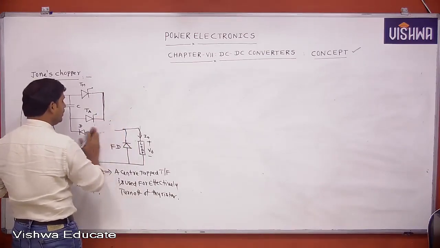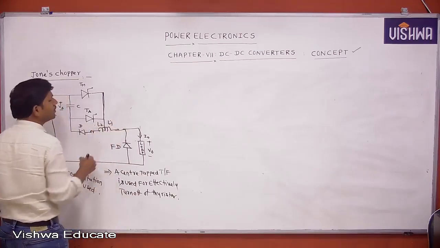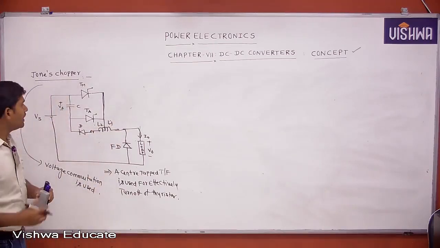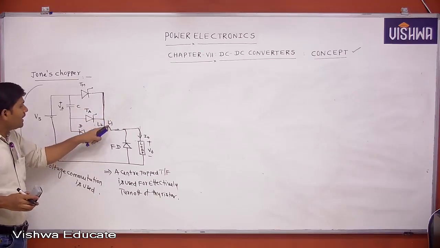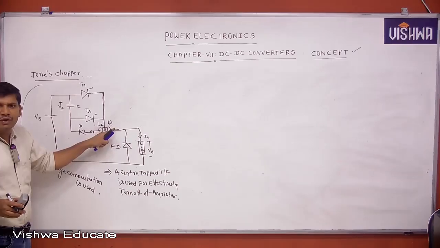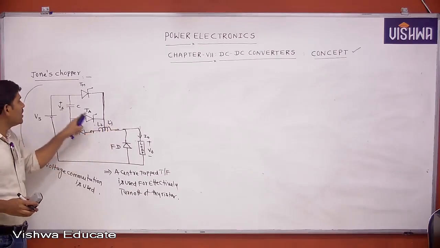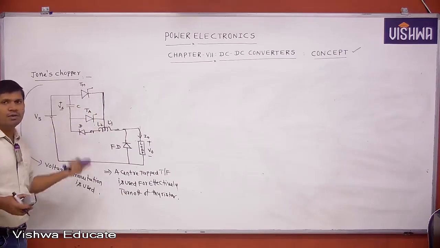Here energy is transferred to the capacitor not only due to self inductance but also because of mutual inductance. Because more energy is stored in the capacitor, it is sufficient for effective turn off of the main thyristor.